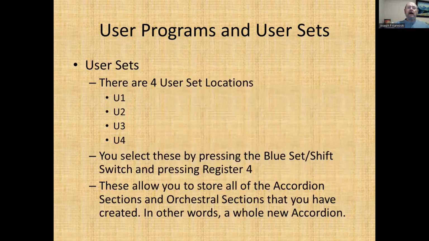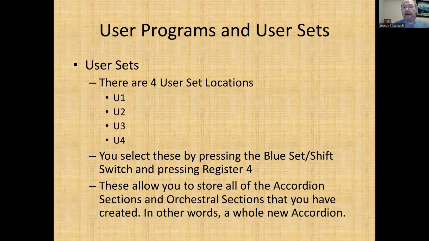Now that we know what a user program is, what are user sets? For a user set, you have 4 locations. The FR-1X actually has 16 different sets to select from. If you hit the big blue set button once and then hit, let's say, register 3 one time, you are now in 3-1.